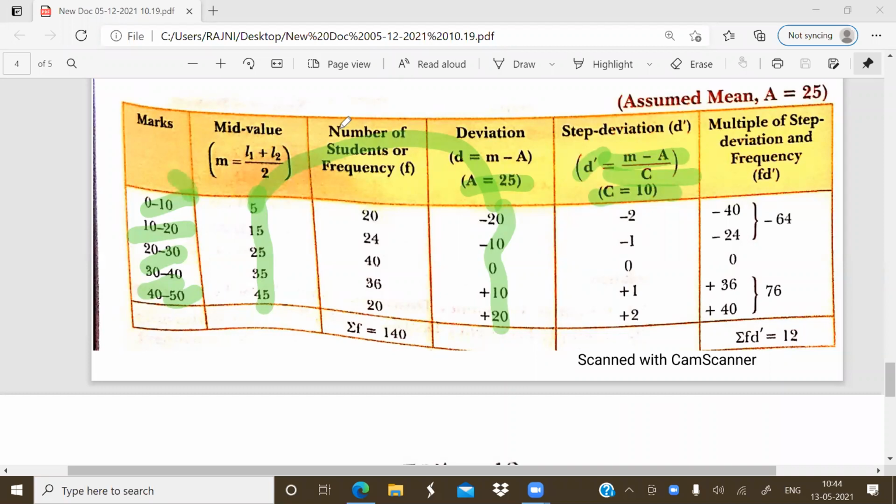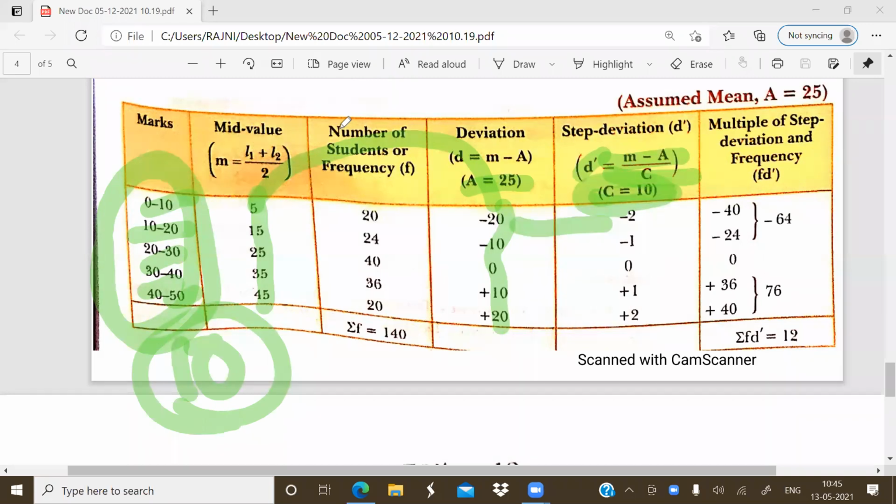See the class intervals carefully: 0 to 10, 10 to 20, 20 to 30, 30 to 40, 40 to 50. We can observe very easily that there is a common gap of 10 in each class interval. So C is 10. Now what will you do? D will be divided by C.